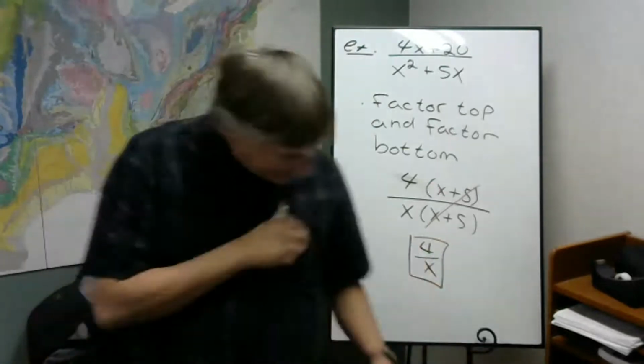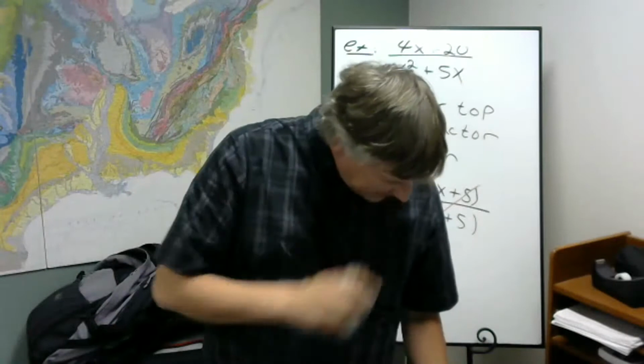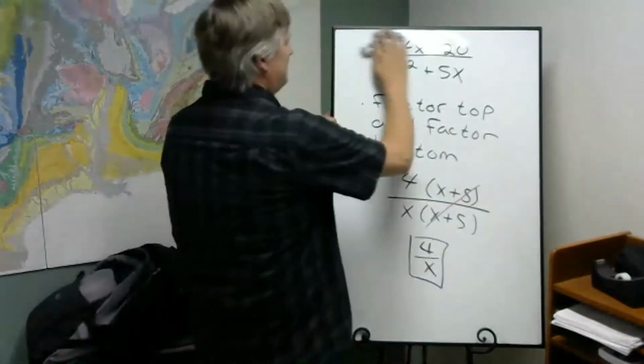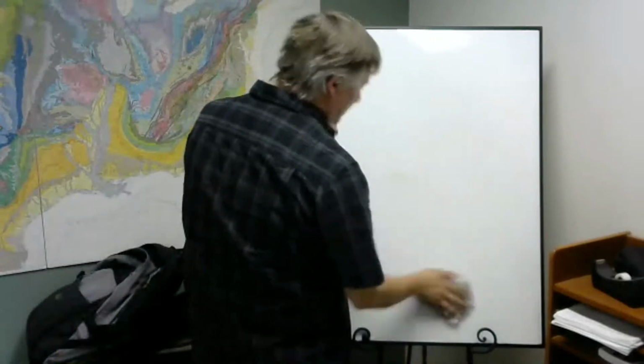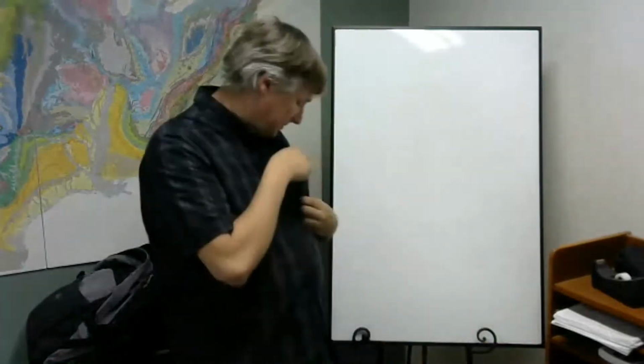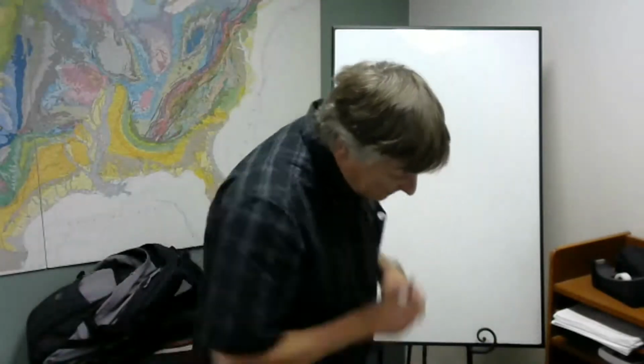Now let's get another one here. All right, so let's do this one. Now again, your factoring skills are going to be very important for this. So let's say we have, let's do this one.